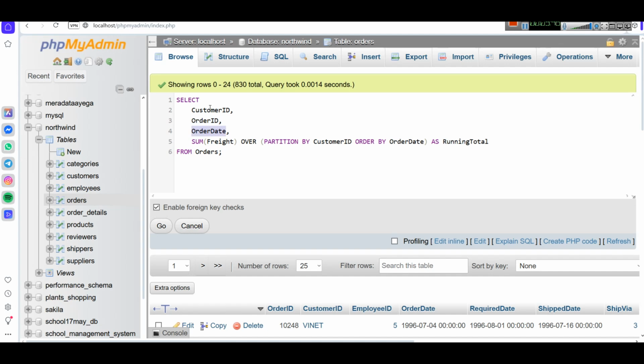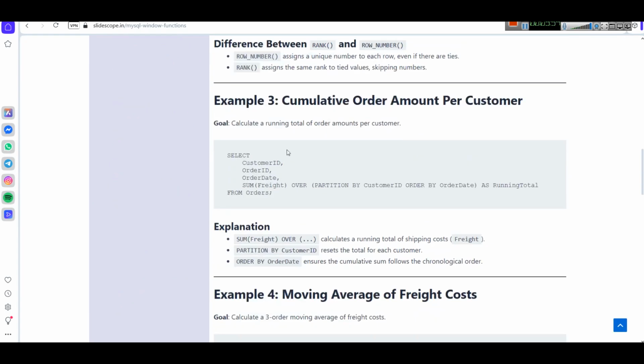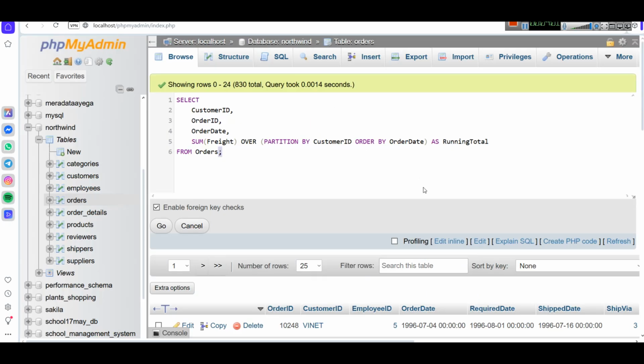Then the fourth column is the running total, because the question asks to calculate the running total of order amounts per customer. So we will write sum of freight. If order amount is given, you can directly write the order amount.